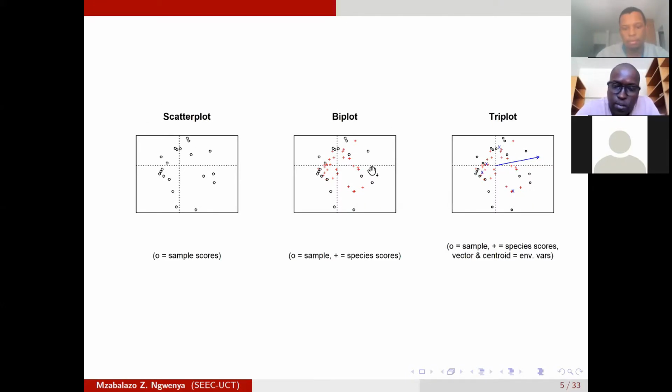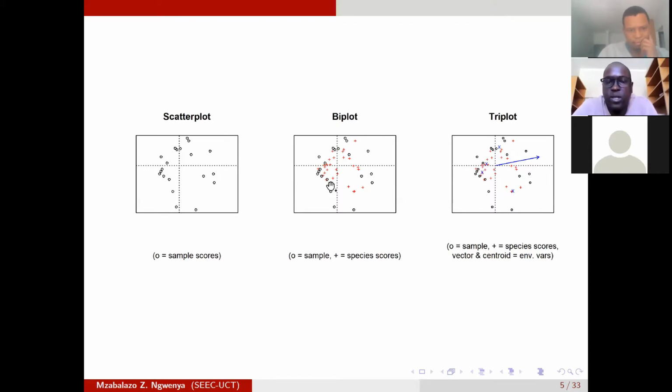On that same plot, you might also add not only the sites, but also the species. Then you can even tell which sites are more associated with a particular species. So these sites over here are associated with those species over there. These are hypothetical examples, so there are no names.